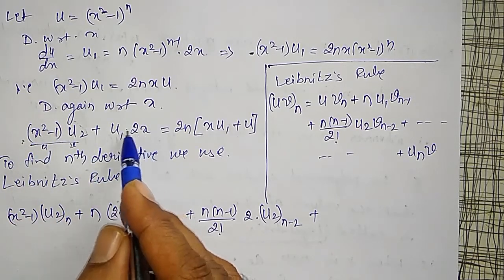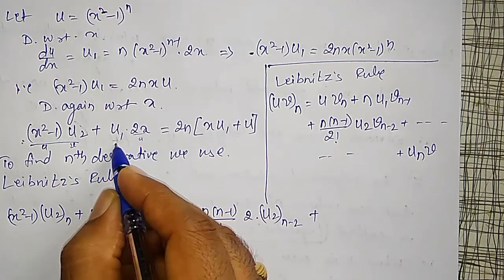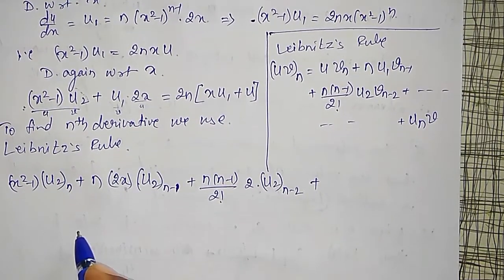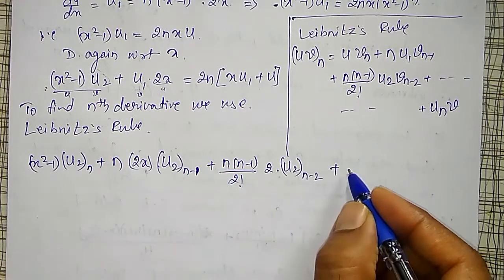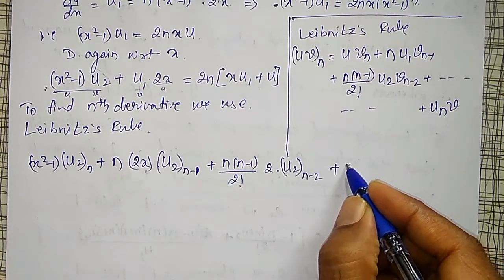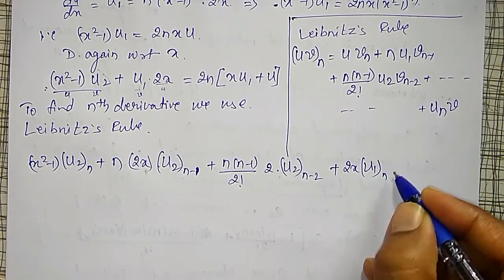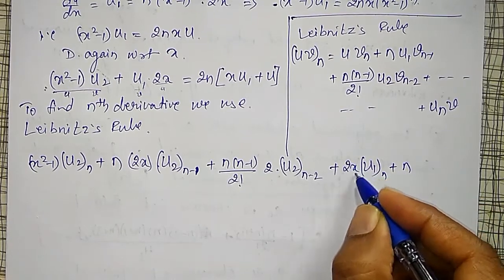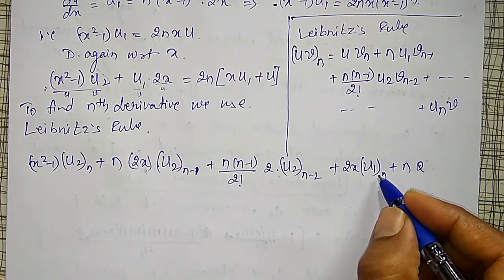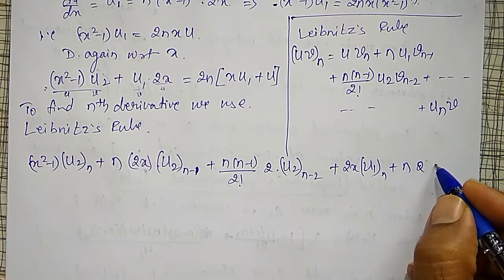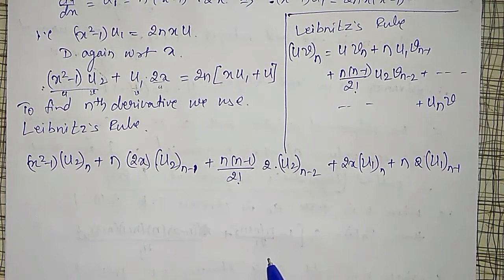Like that, I have to write the nth derivative of the second term. For that, I will consider this one as u and this one as v. Therefore, to find the nth derivative of the second term, I will continue here with 2x into the nth derivative of u1, plus n into the differential of 2x, which is 2, into the n minus 1th derivative of u1.